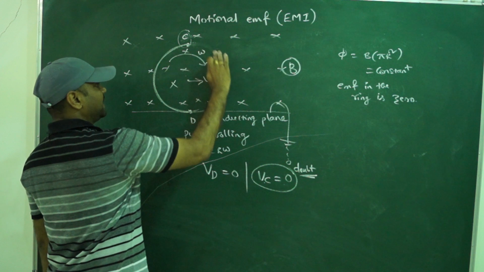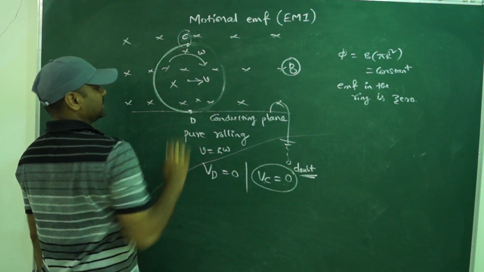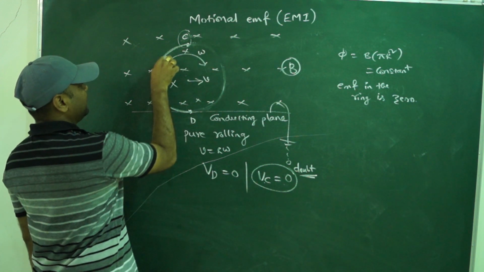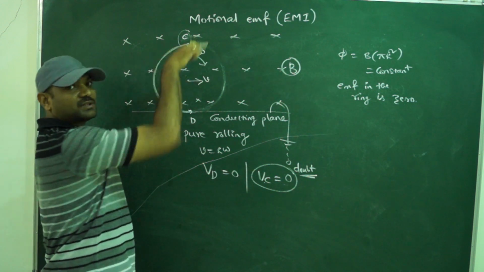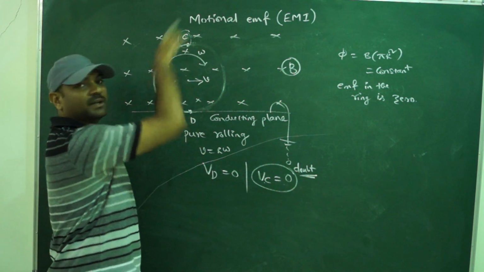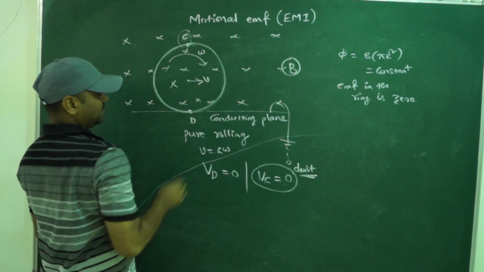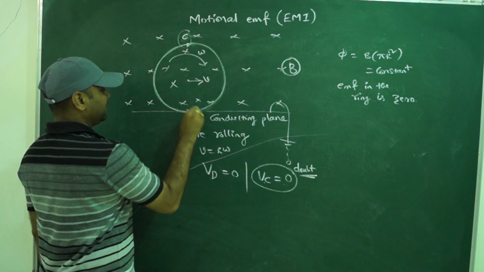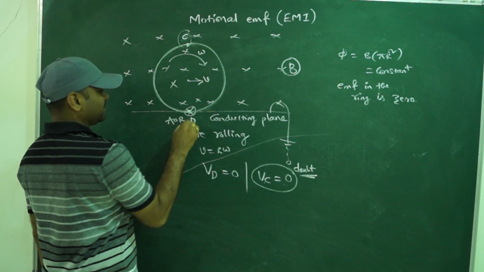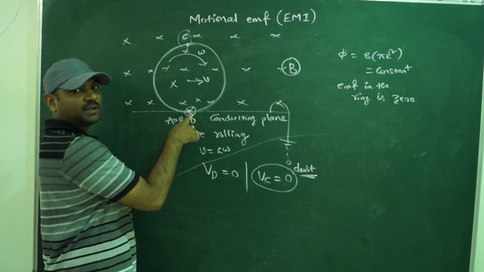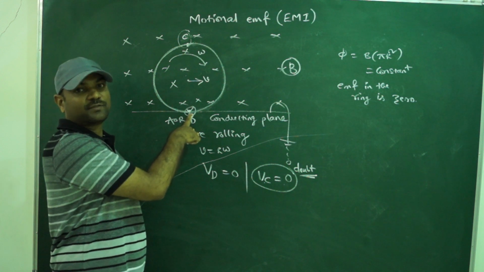Now what I am doing is taking only the CD part. Every point of the CD part will have different velocities, linear and tangential. But as it is rolling without slipping, I can take the axis of rotation here, which is called the instantaneous axis of rotation.